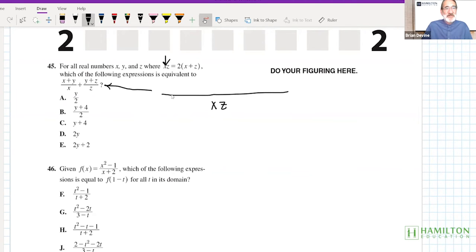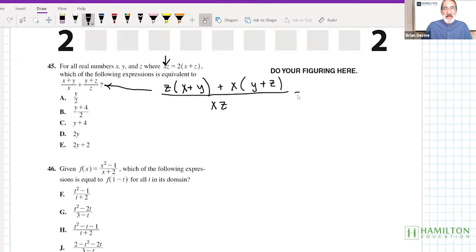as z times x plus y plus x times y plus z all over xz.